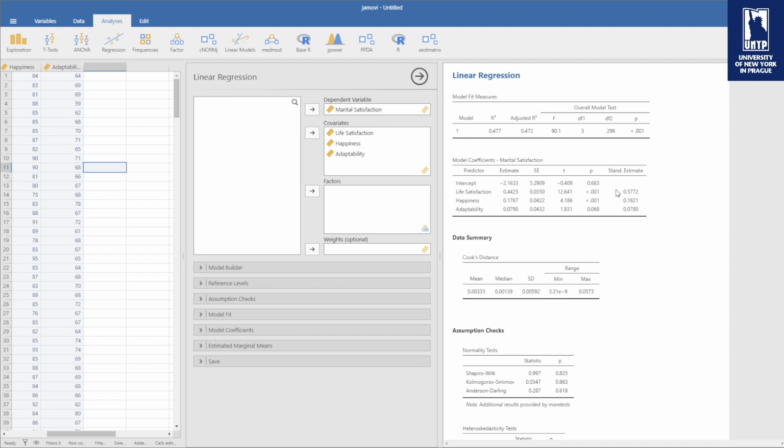Well, in that case, if we have minus 0.57 and 0.19, as you can see here, we're just adding a minus, and minus 0.57 is still a stronger predictor, even if negative. So let's say the hypothesis was that life dissatisfaction would be the strongest significant predictor. Even that one would be confirmed.